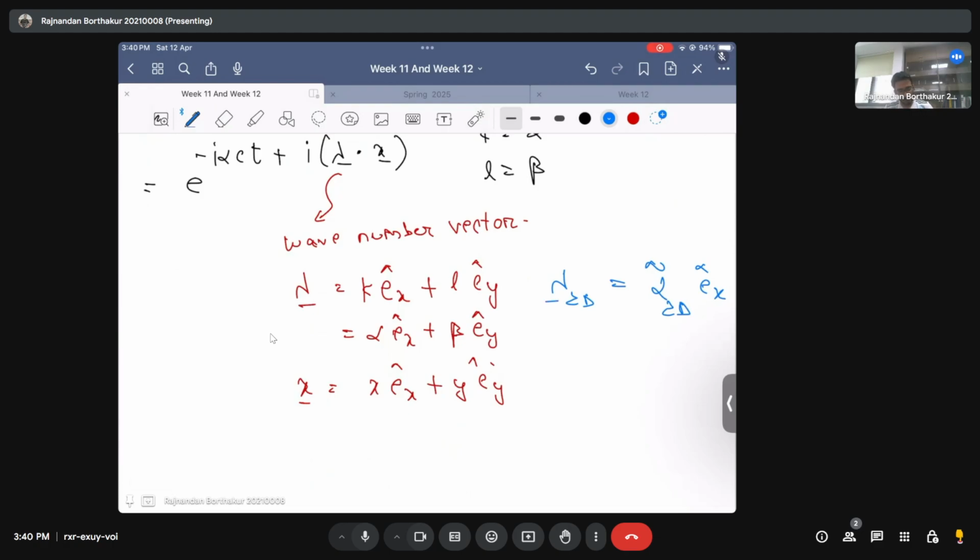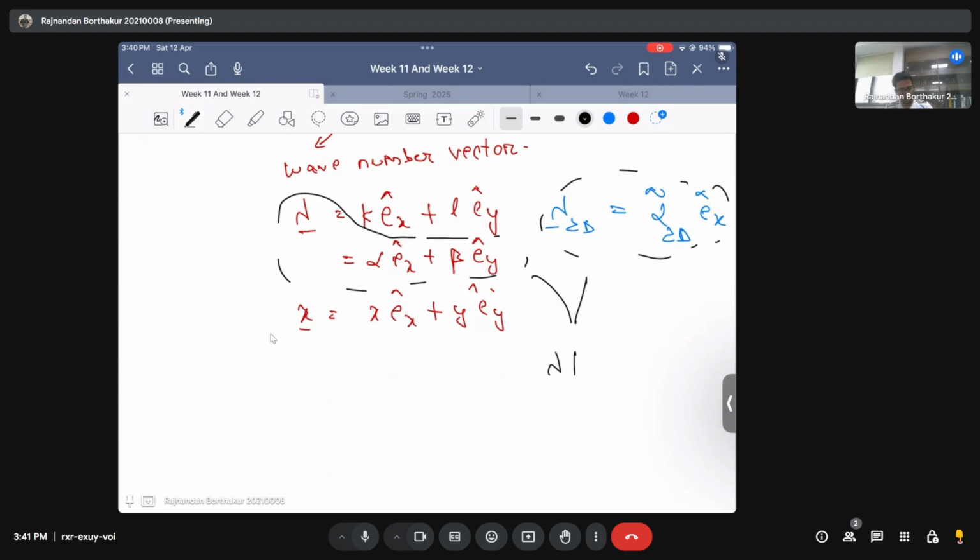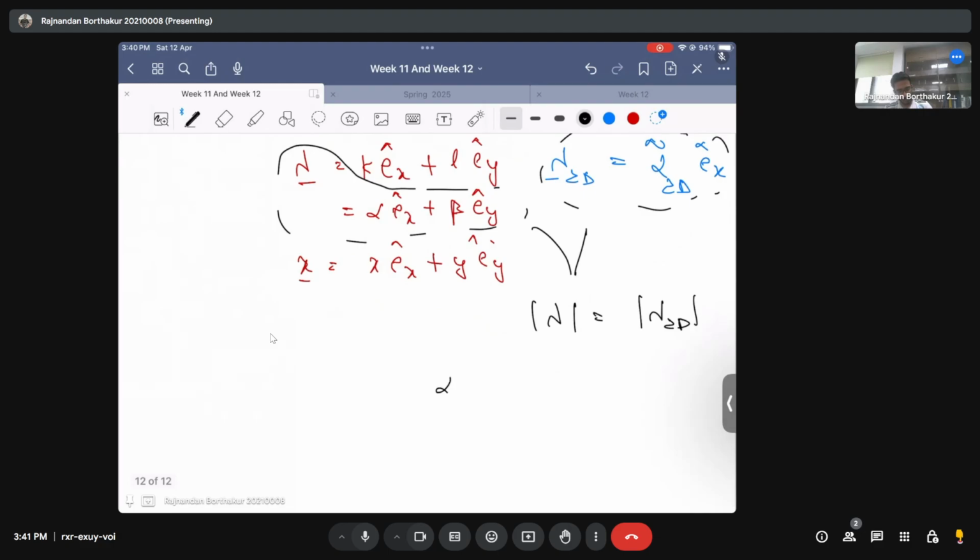Now you need to understand that for these wave numbers to be equal, the magnitude of this has to be equal to the magnitude of alpha 2D. And that's the reason why I say that alpha tilde 2D should be equal to square root of alpha square plus beta square.